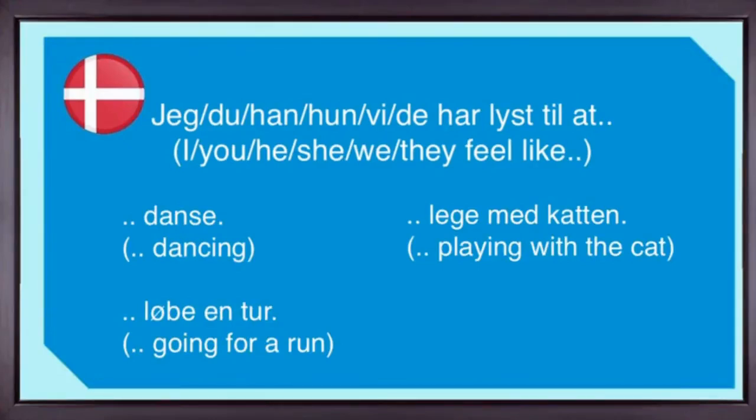This is similar, a little bit different, because this is har lyst til at. So after this one, you have to put a verb. Right? Jeg, du, han, hun, vi, de har lyst til at. Feel like doing something. Danse.